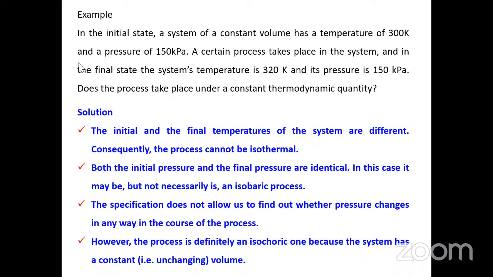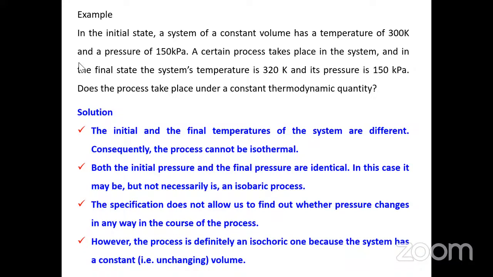So in this case, it can be and it might not be. This specification does not allow us to find out whether pressure changes in any way in the course of the process. So that's why we cannot really say it's isobaric or not.